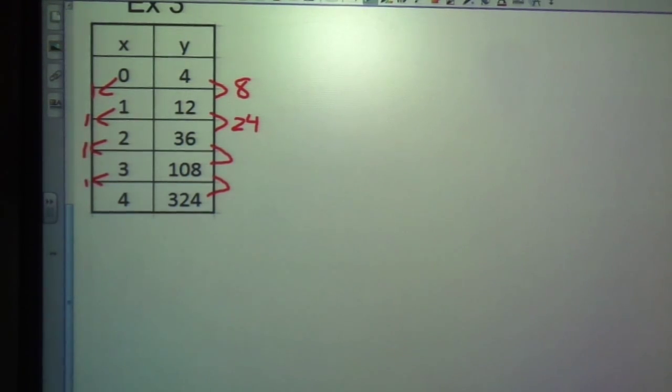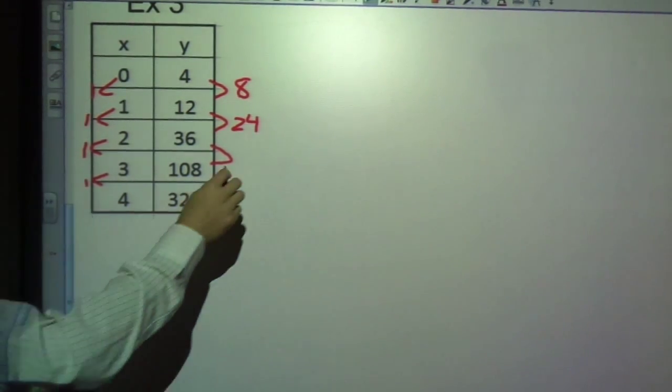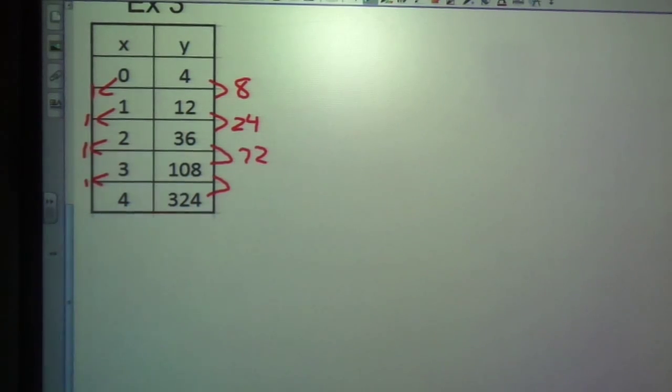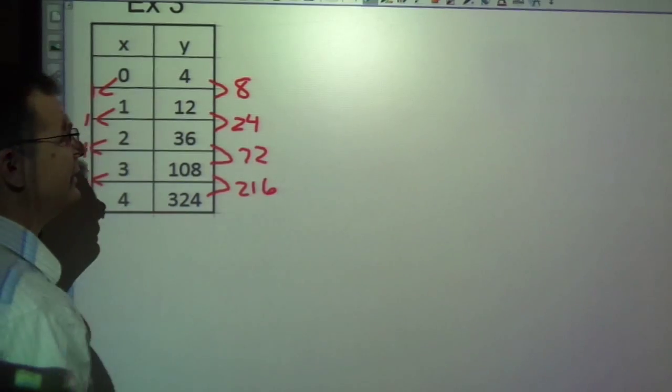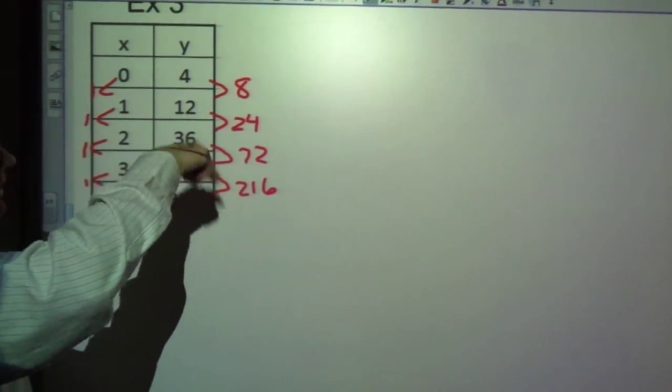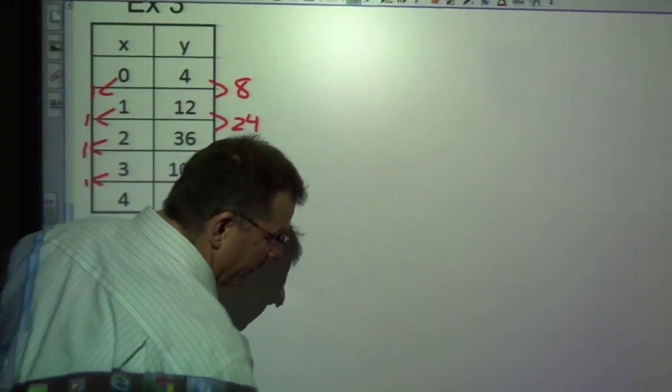Can I get some calculator help, a friend? So we've got 108 minus 36, I'm thinking 72. Yeah, 72. Thank you. And then 324 minus 108 is 216. All right. So we've got a non-constant rate here, so it's not linear.